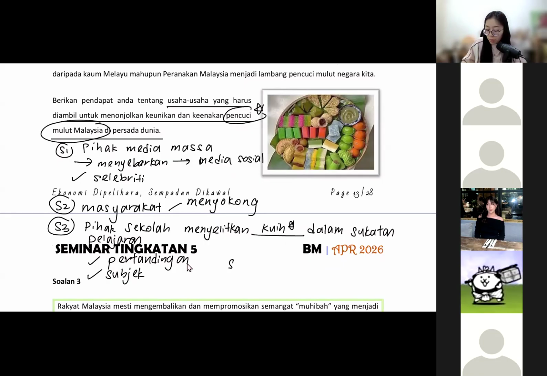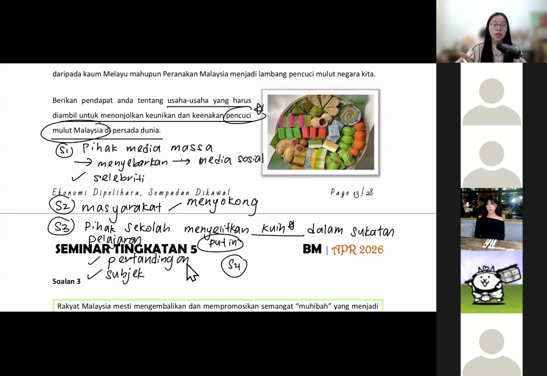Okay, now isi 4. Other than media massa, masyarakat menyokong and school putting in the kuih. This one is cara membuat kuih. I put the kuih first on here. Menyelitkan means I put in the cara membuat kuih dalam sukatan, in your syllabus.